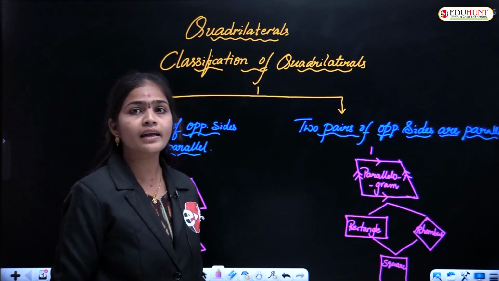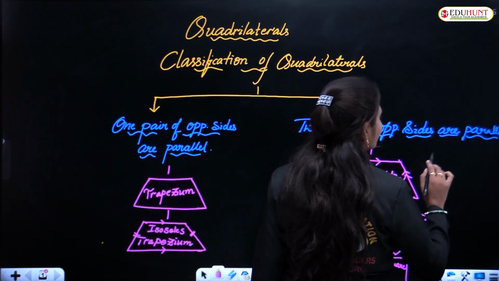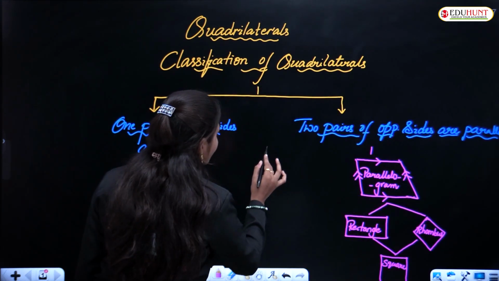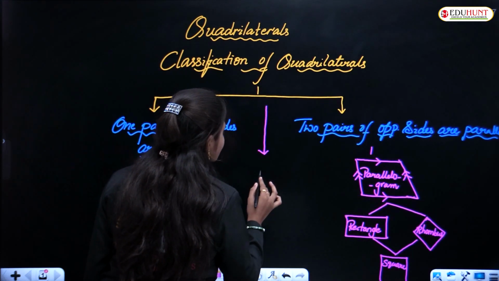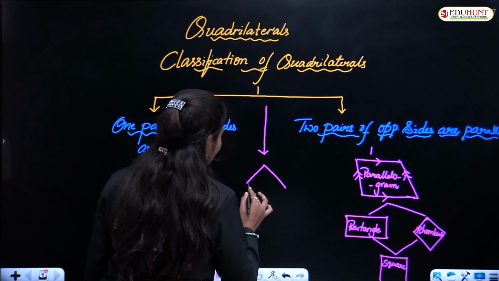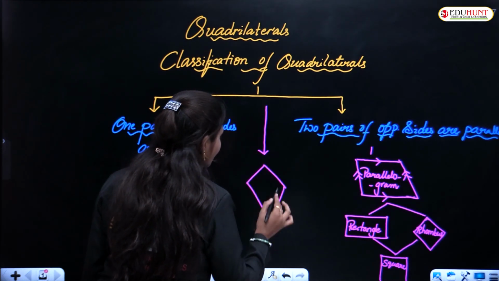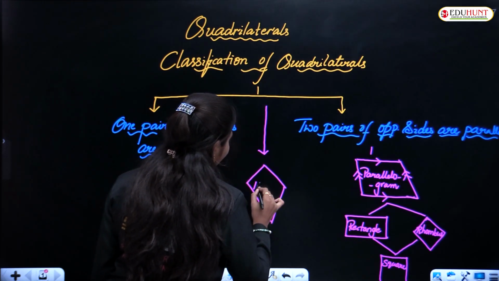Okay, that is a square. And we have another special quadrilateral, that is a kite, along with its special property.